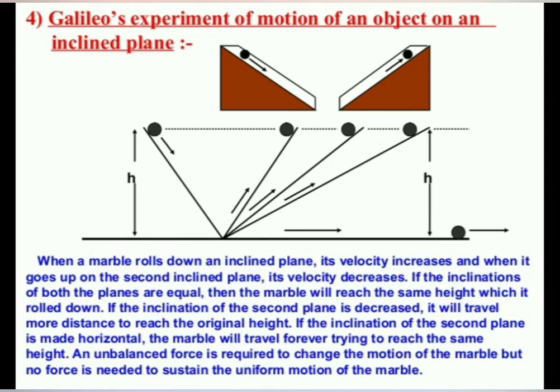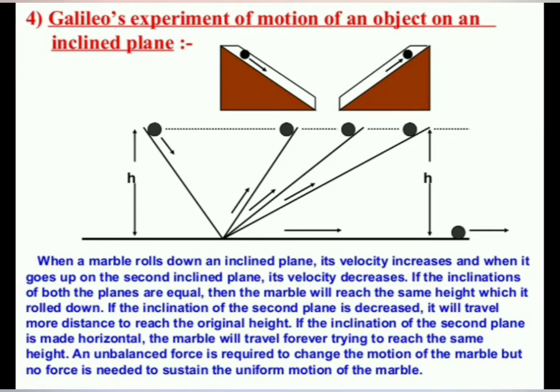Okay. If the inclination of both the planes is equal, then the marble will reach the same height from which it rolled down. Because both the inclined planes are in equal position, the same height from which you roll it down will be reached on the second plane.